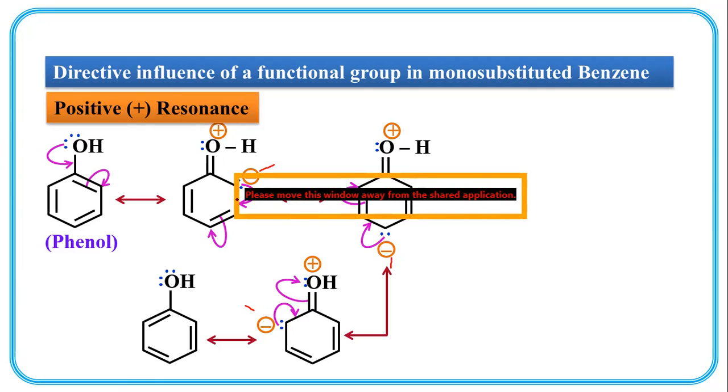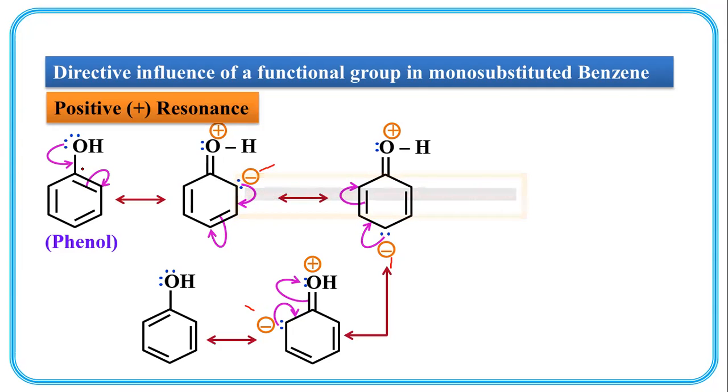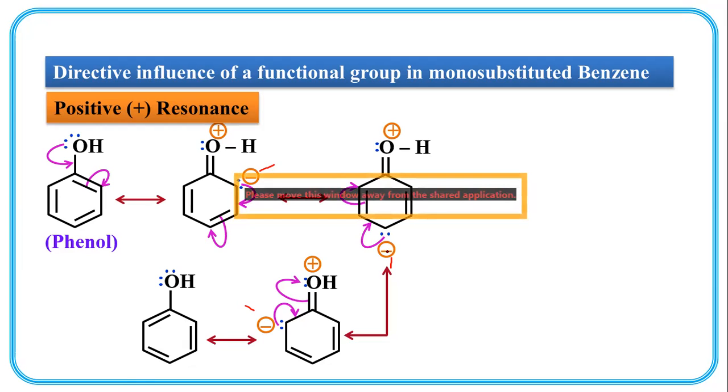So negative charge is stabilized at these ortho and para positions. So when a substitution reaction takes place, the attack occurs at the ortho or para position, and ortho-para product formation takes place.